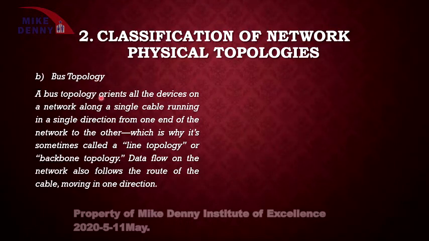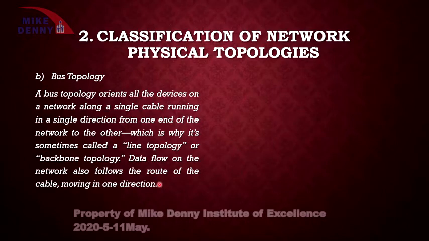The bus topology orients all the devices on a network along a single cable running in a single direction from one end of the network to the other, which is why it's sometimes called a line topology or the backbone topology. So data flow on the network also follows the route of the cable, moving in one direction.